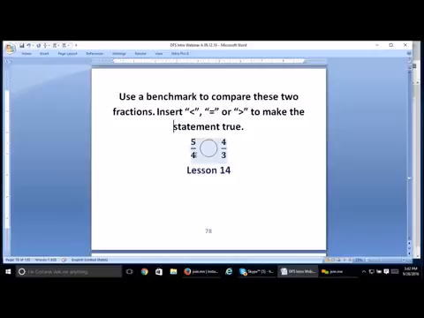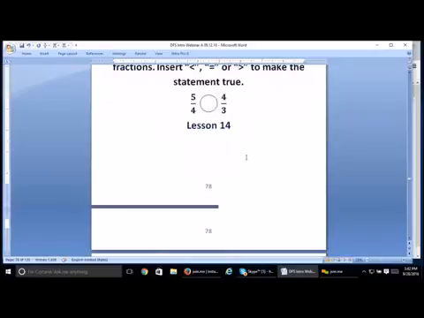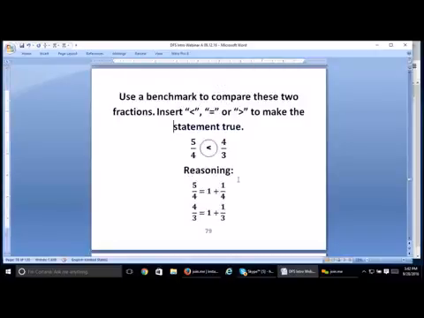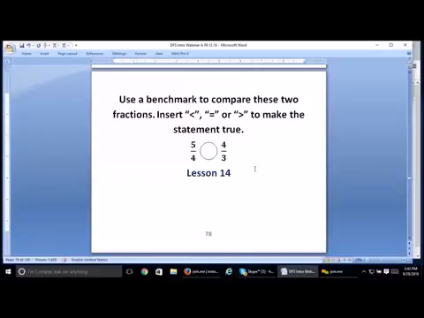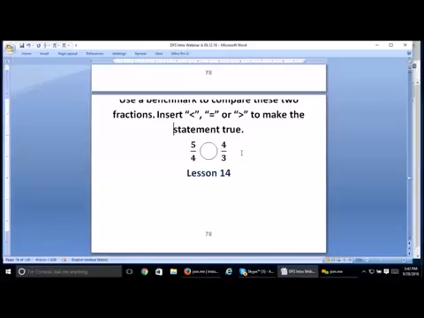Five-fourths is another name for 1 plus a fourth. 4/3 is another name for 1 plus a third. So the answer is going to be less. Why? Because 1/4 is less than 1/3. Okay, so that's lesson 14. So in lesson 14, the students are comparing two fractions which are both greater than 1 by a unit fraction.